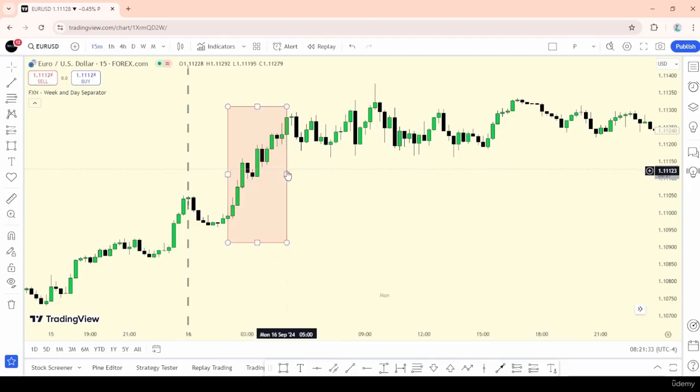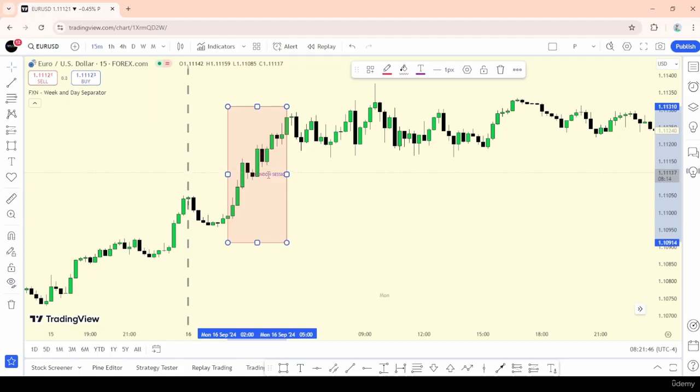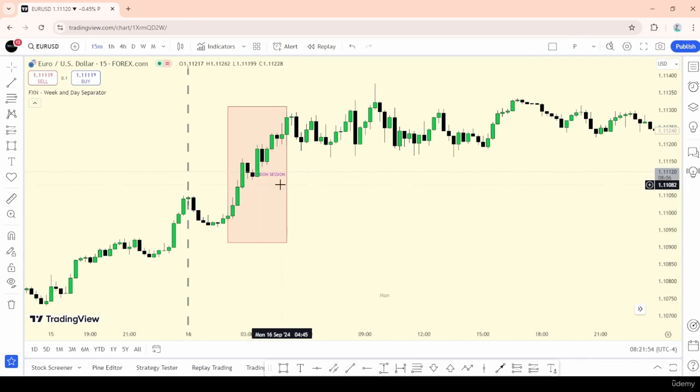Let me outline it so that we remember that this is the London session. So this is London. I advise you to do it manually without indicators, outlining this every single day, so that you become familiar with your time zones.